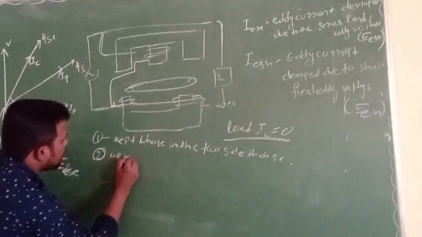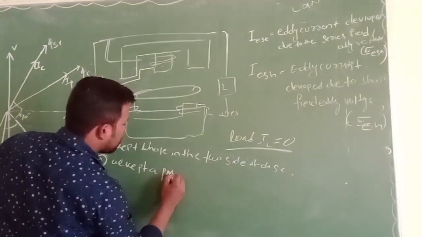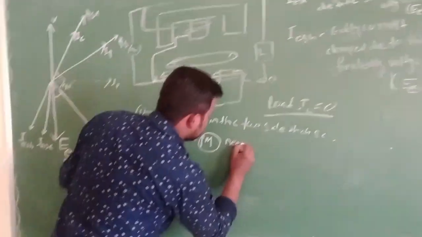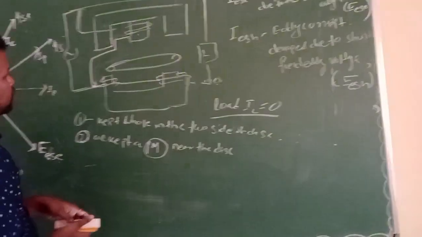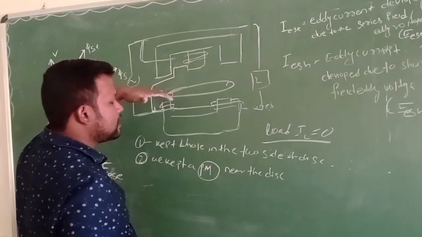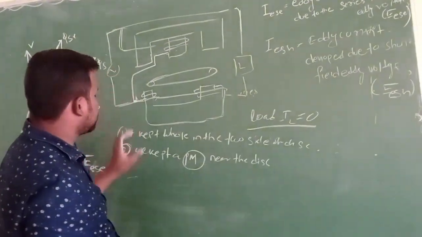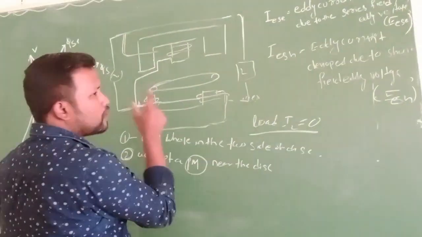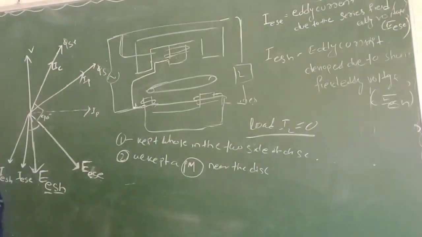And the second one is we keep a permanent magnet near the disc. The flux should be attracted to the permanent magnet or iron piece, so there is no impact or force on the disc.